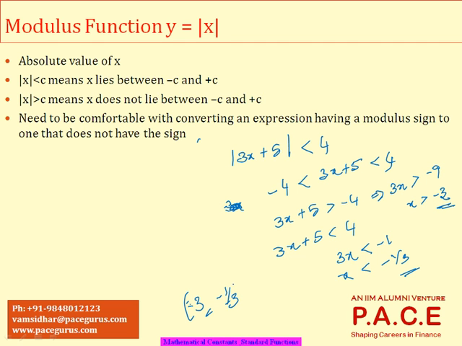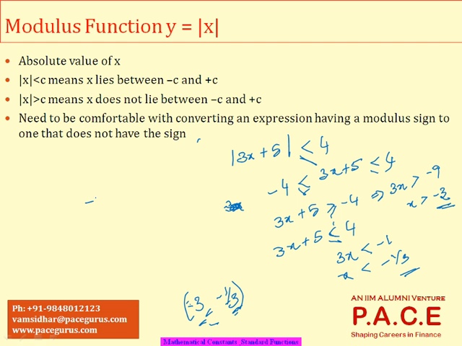No. The brackets will tell, because if it had been less than or equal to, then all these would have become less than or equal to, which means even minus 3 should be included and minus 1 by 3 should be included. So the brackets will decide whether I am including them or not.